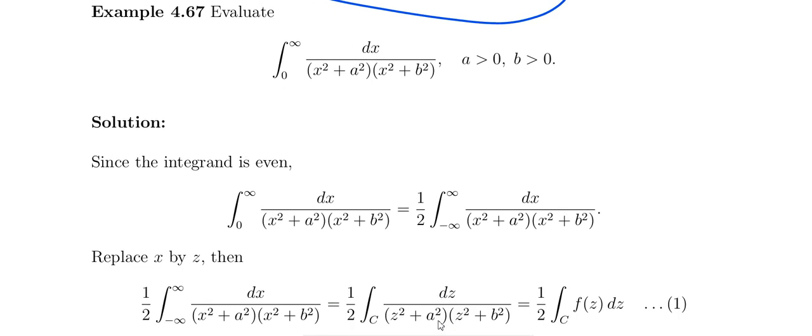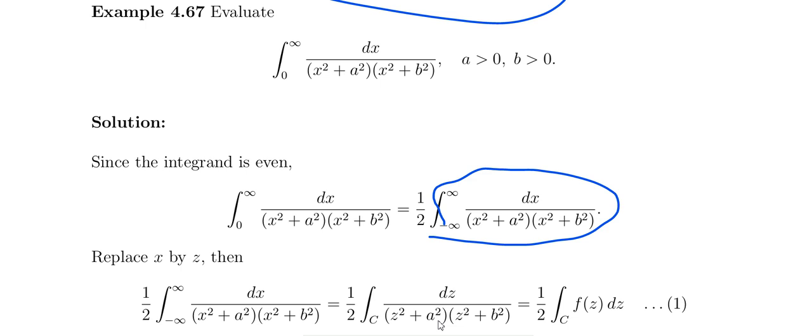For 0 to infinity, the integrand is even, so we can write it as 1 by 2 times the integral from minus infinity to infinity. Its value is pi by a plus b, so we get 1 by 2 into pi by a plus b.